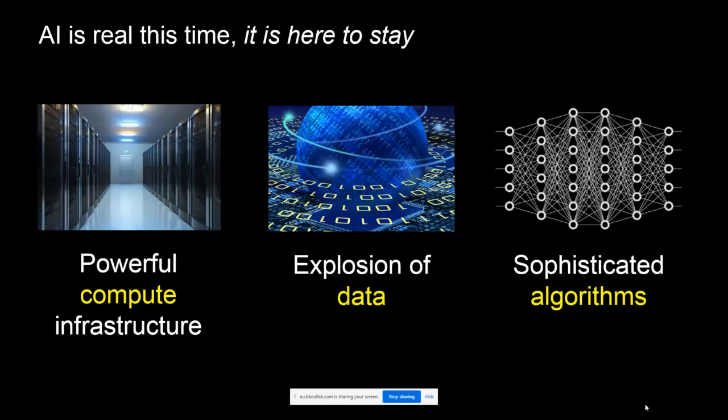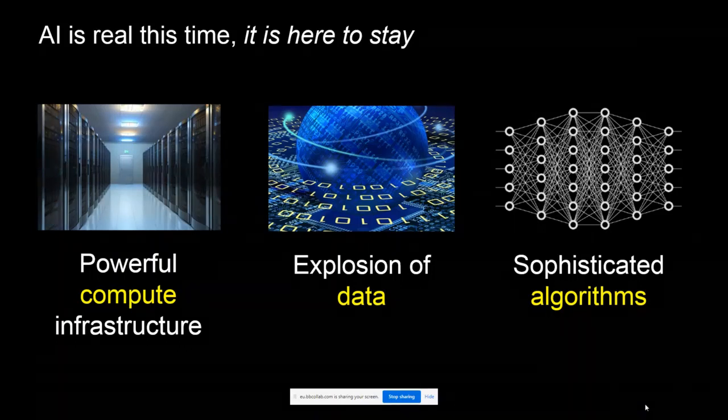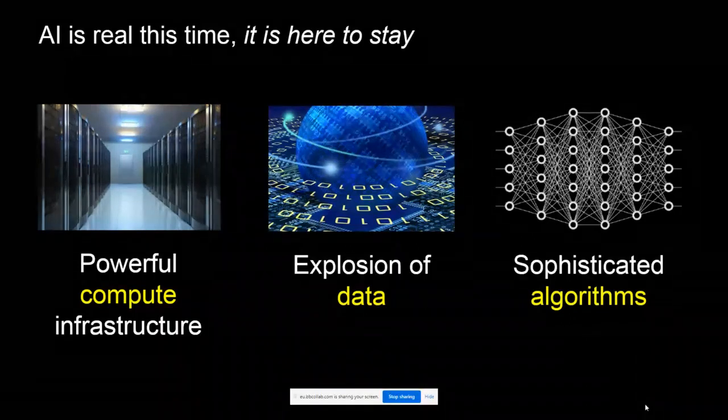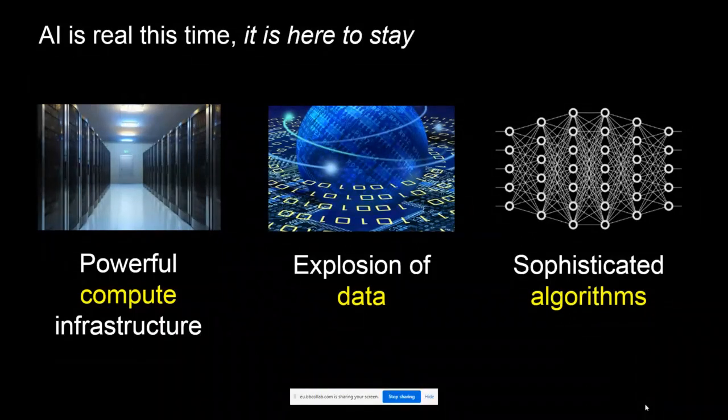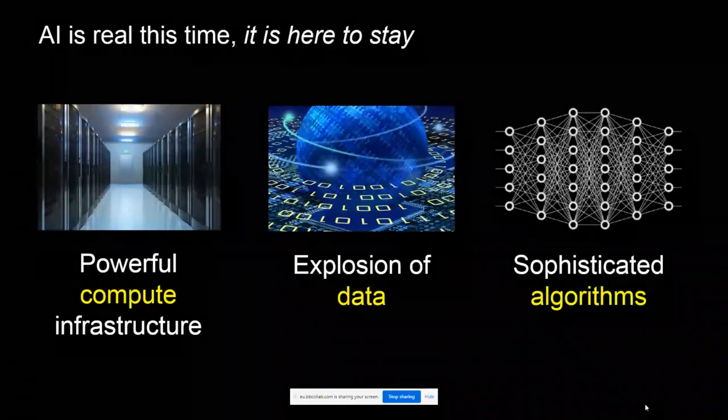People have been working on AI for decades, so that part isn't new. But things like much more powerful compute infrastructure, an explosion of data, in particular from those social platforms that now exist, right? Twitter has so much data coming in every second. And also there have been advances in sophisticated algorithms like deep learning.